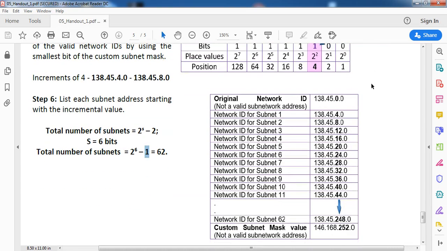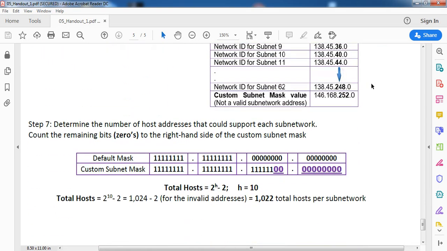So how do we determine the number of hosts? It's equal to 2 raised to n, in this case h, minus 2, h or n being the number of bits for the host ID. In this case, 10. So 2 raised to 10 would be 1024 minus 2, which is 1022 total hosts.